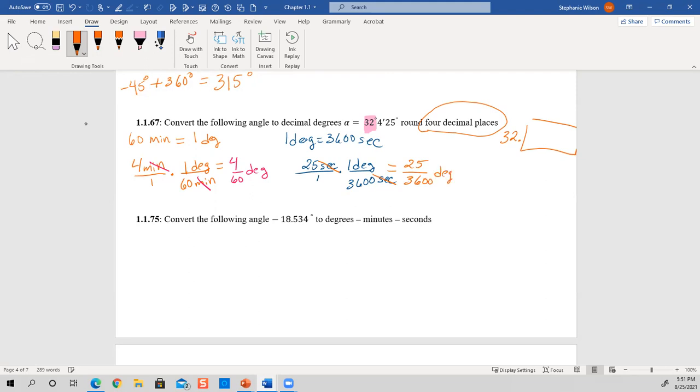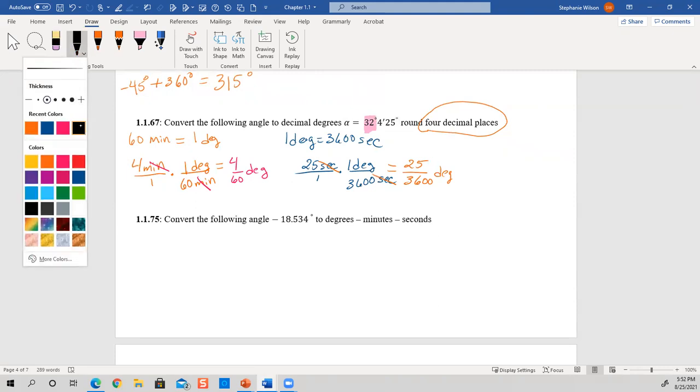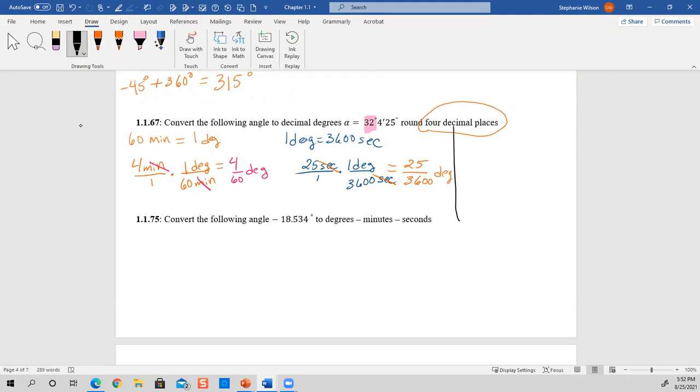So now what I can do, and I'm going to erase this over here, is set up my next formula. Draw a line right here. So my next formula is, take my watch off, it's scratching my track pad.